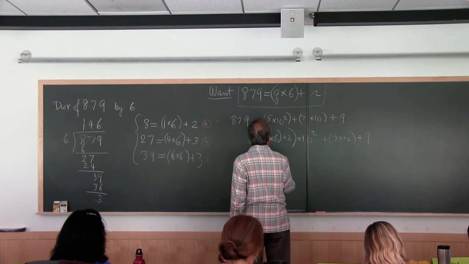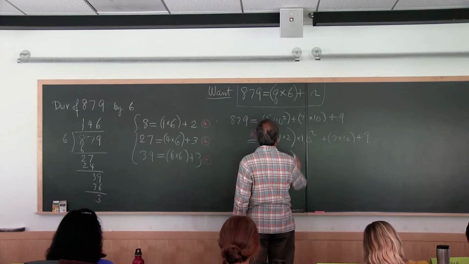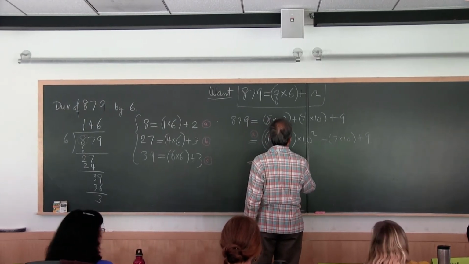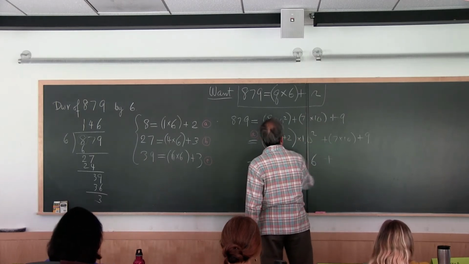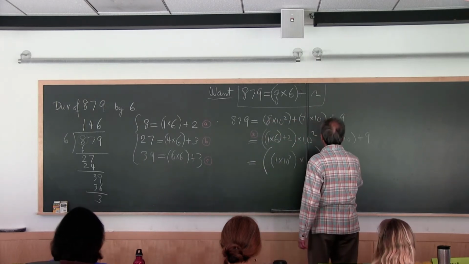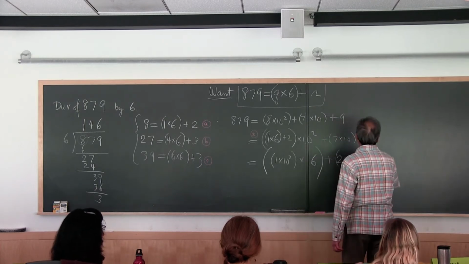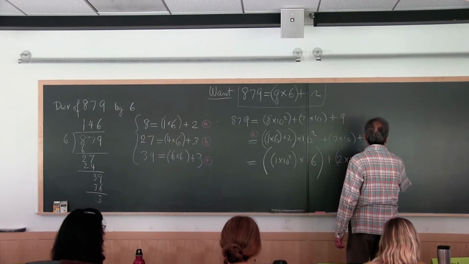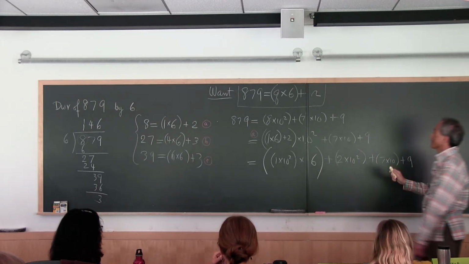There's always sensible people in this world, right? 5 times 10 squared times 6 plus 2 times 10 squared plus 7 times 10, 5.